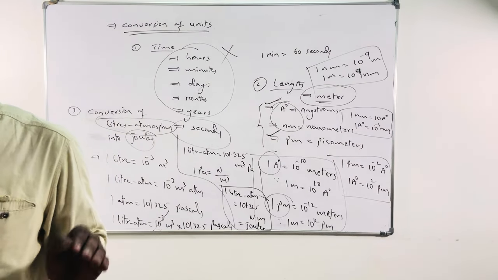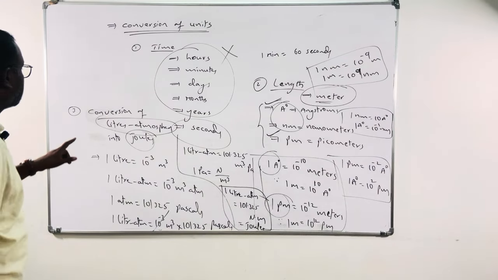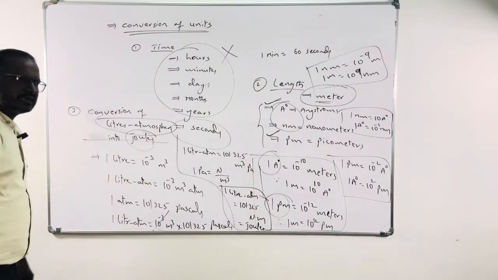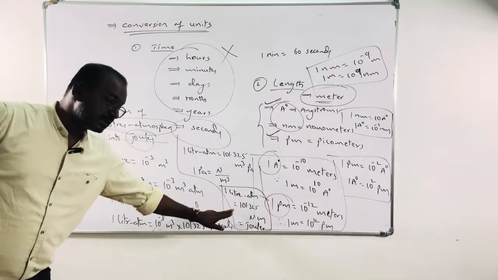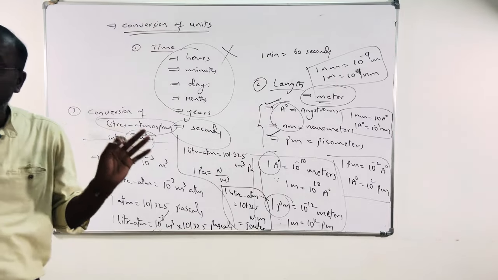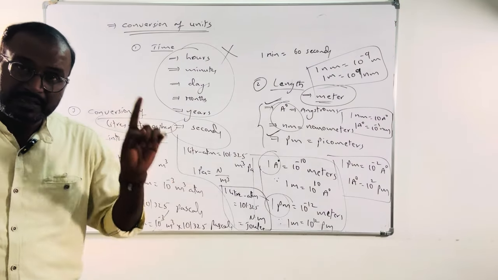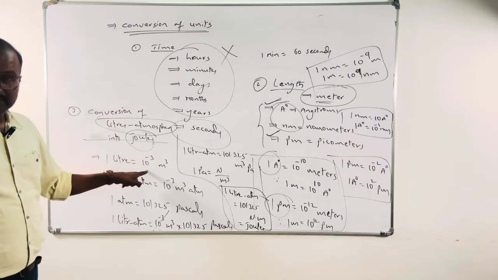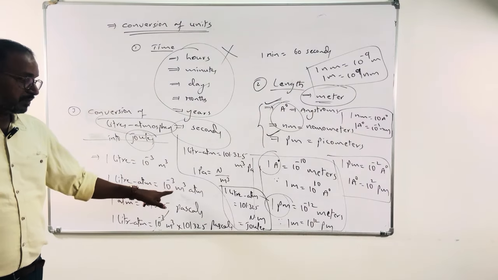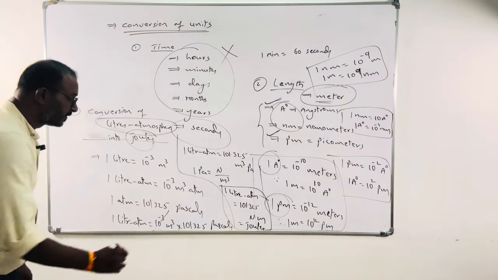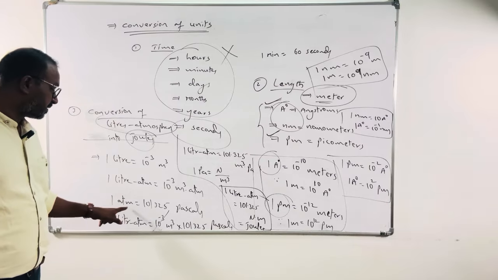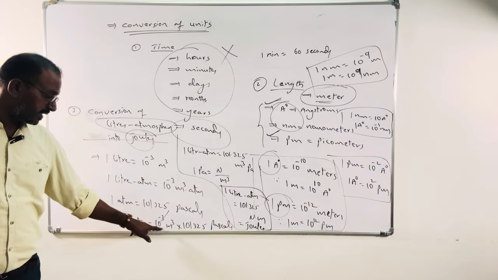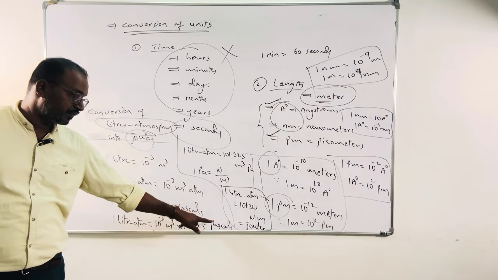Once again I am saying, conversion of liter atmospheres into joules is very important. Why do we take 101.325? The reason is this is the basic: 1 liter equals 10 power minus 3 meter cube, 1 liter atmosphere equals 10 power minus 3 meter cube atmosphere. 1 atmosphere equals 101,325 pascals. So 1 liter atmosphere equals 10 power minus 3 meter cube into 101,325 pascals.